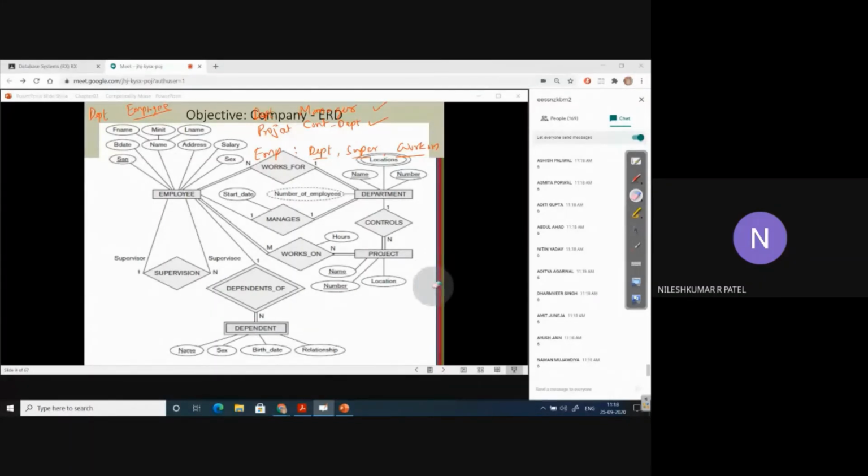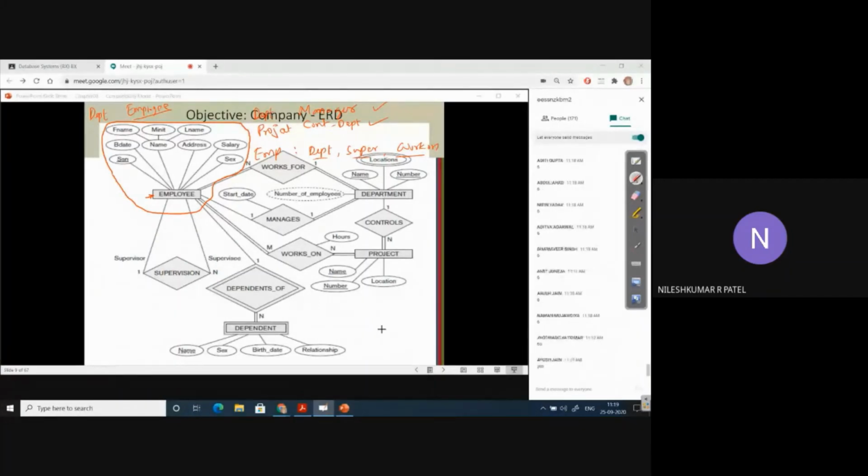Now just tell me, looking at this particular entity type, employee. Let's talk about employee first of all. I am trying to separate out this employee entity type. So this is the entity type employee, and a number of attributes are connected. Are you able to find the department attribute in the employee entity type?